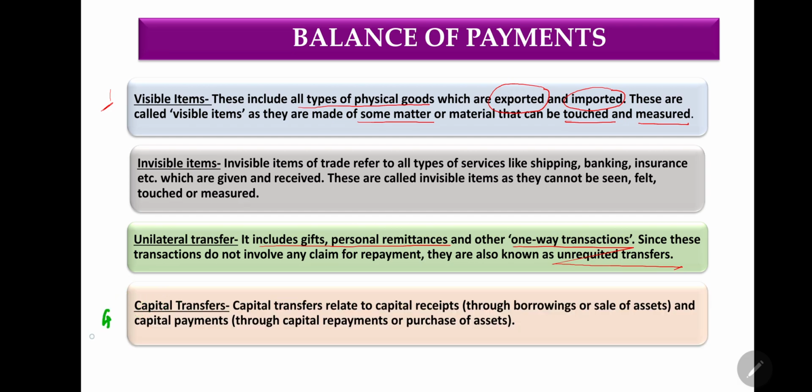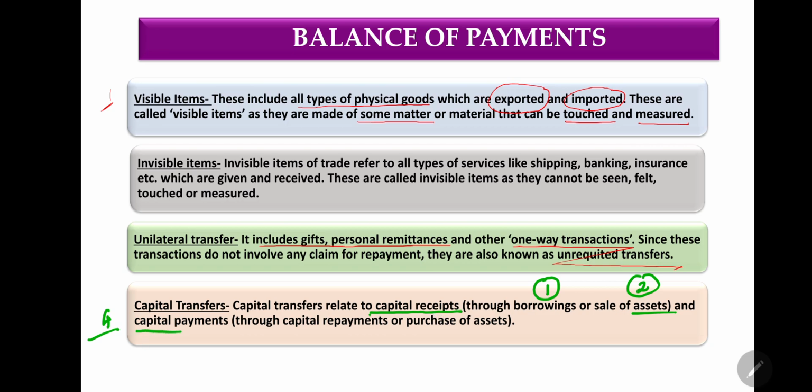The fourth category of economic transactions are capital transfers. They comprise two components. One is capital receipts. Capital receipts you get through borrowings. You are getting something in return, and when you sell something, selling of assets will also help you to earn capital receipts.